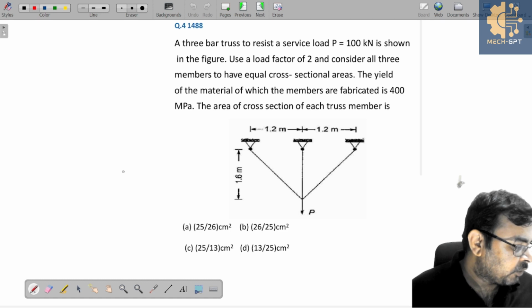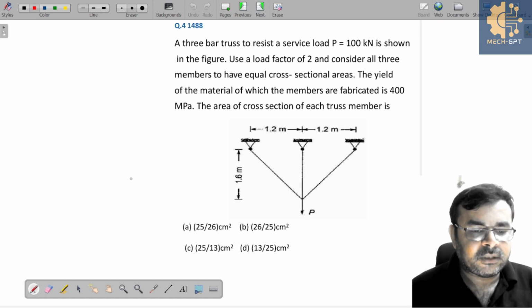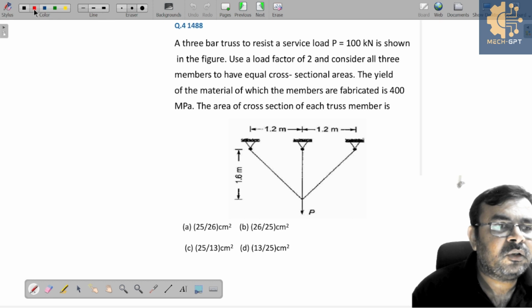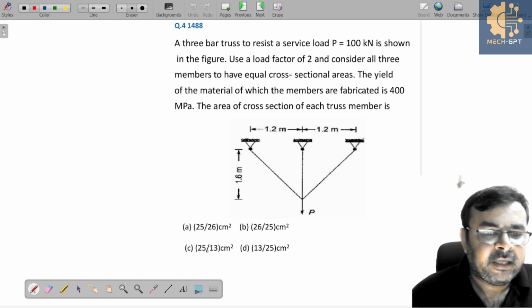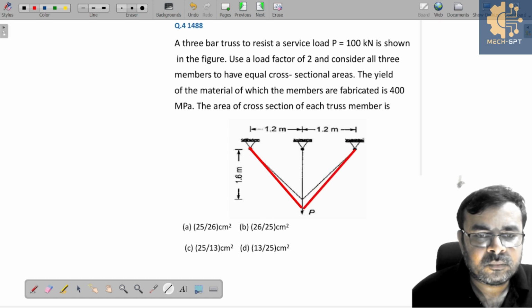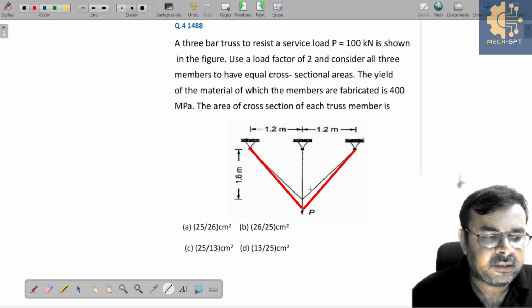So let's see how to solve this problem. This is a little lengthy question, correct? So you can see, if I assume this truss member can extend up to this symmetrically. Yes or no? Correct?